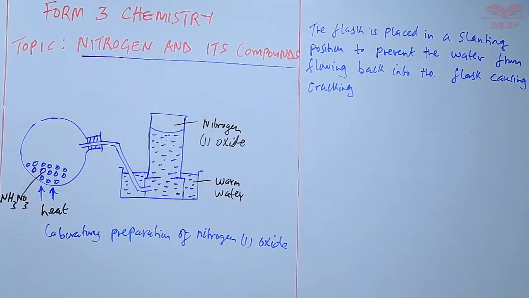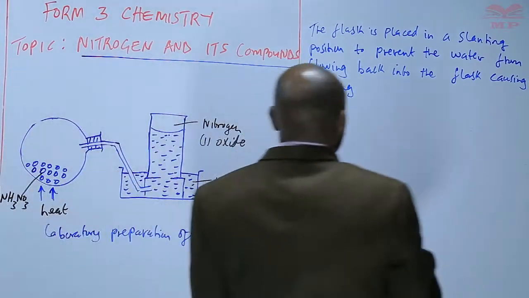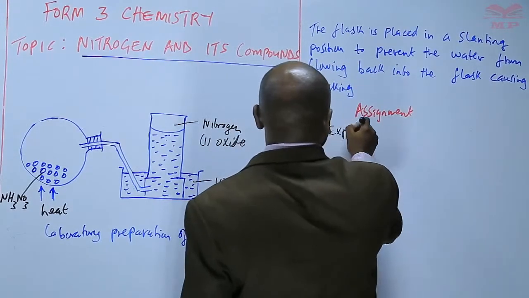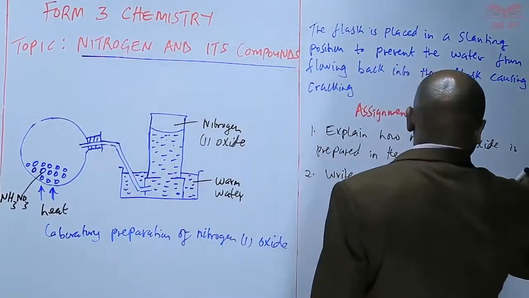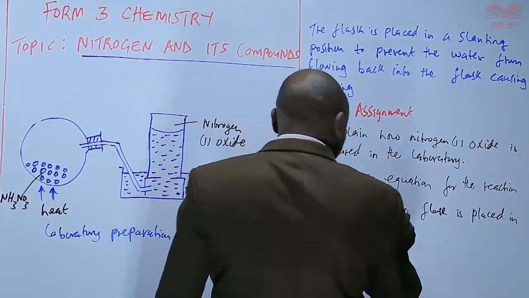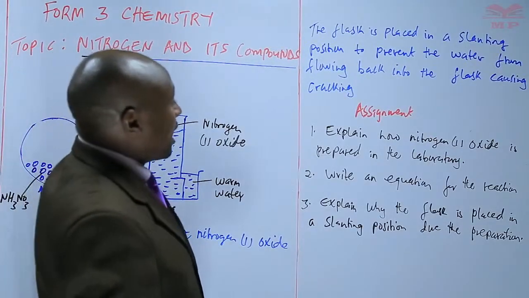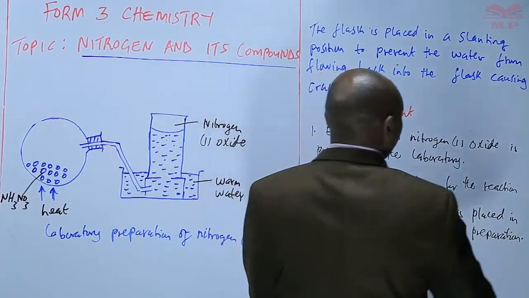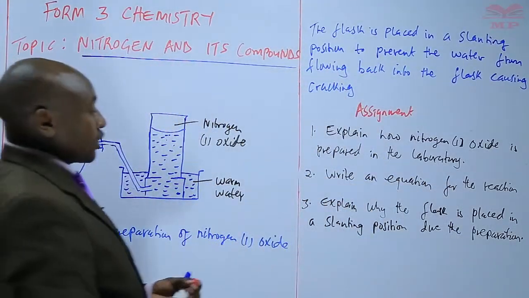So we are going to have an assignment on nitrogen(I) oxide. The assignment: 1, explain how nitrogen(I) oxide is prepared in the laboratory. 2, write an equation for the reaction.